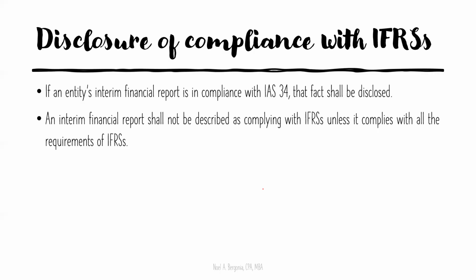Like in the annual, as we said, you disclose a statement. I showed you that in the discussion, that there is a disclosure in the financial statements accepting that the financial statements were prepared in accordance with IAS 1. So it is the same here with IAS 34: it should disclose the fact, plus it should comply with all requirements of the IFRS.